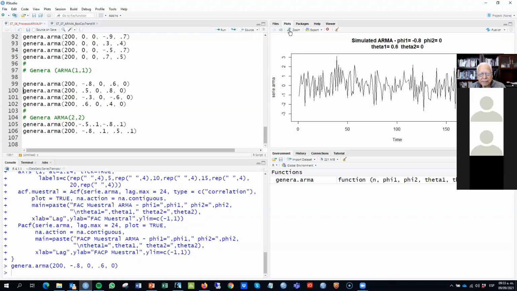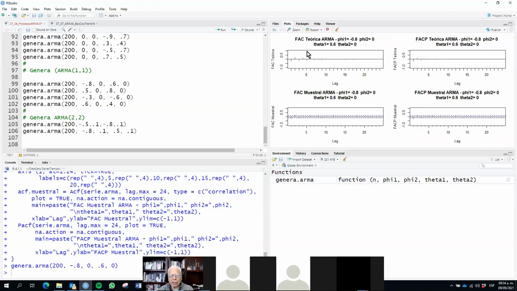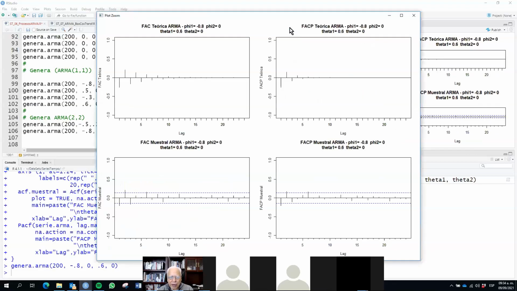That's a series, and what we had mentioned before is that just looking at the series, it is very difficult to realize if this is an ARMA model, an AR model, or an MA model. So we'll be focusing on the theoretical and the sample autocorrelation functions. This is an ARMA(1,1).